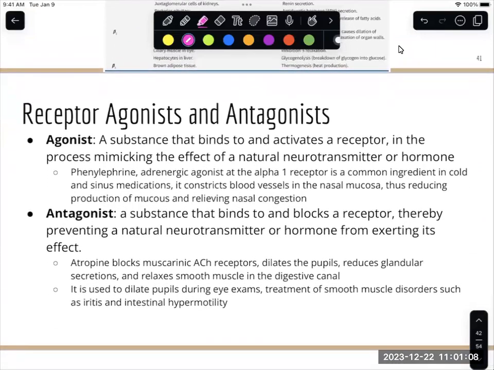So an agonist is a substance that binds to and activates a receptor. It mimics the effect of a natural neurotransmitter or hormone.